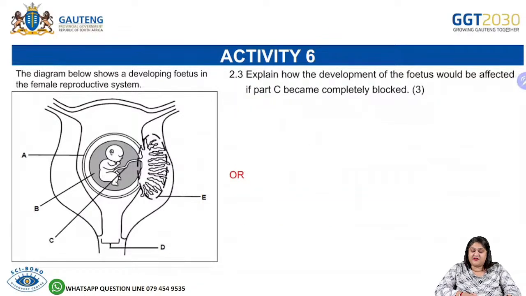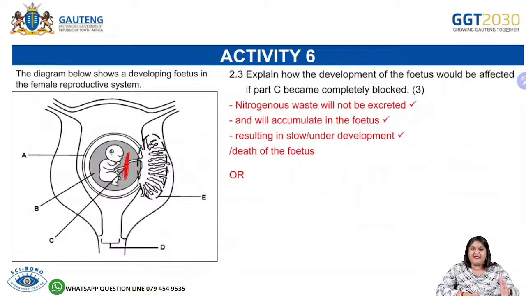Explain how the development of the fetus would be affected if part C became completely blocked. Oh, imagine that. The umbilical cord is blocked. And what does the umbilical cord do? It's going to transport the oxygen and nutrients to the fetus. And it's going to transport the carbon dioxide and the waste to the mother. So if it is blocked, what's going to happen? Nitrogenous waste will not be excreted.